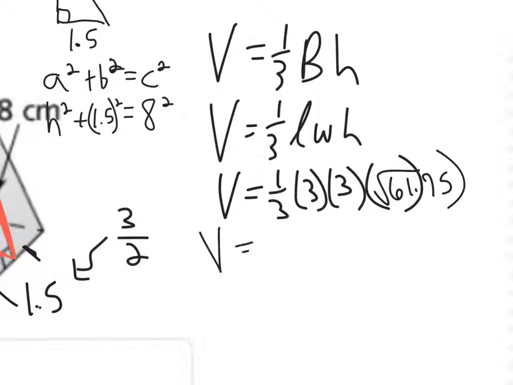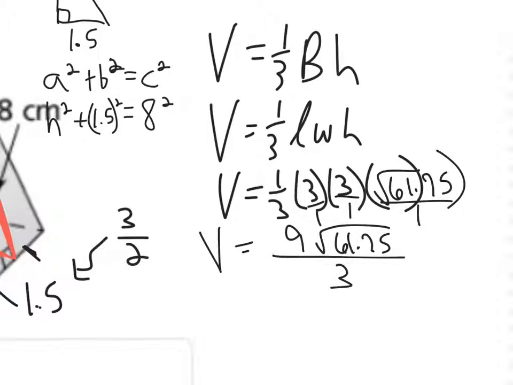Didn't leave quite enough space there, but multiply straight across. We'd get a 3 in the denominator. In the numerator, 3 times 3 is 9, and we can just put the square root of 61.75 behind it. And then at that point, you can go ahead and multiply the numerator part together and divide that by 3. That should be our volume.